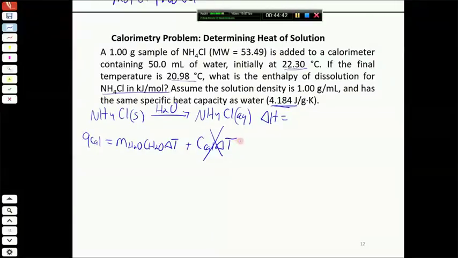Okay? And so in this case, we just need the mass of water in the calorimeter, which is 50 milliliters or 50 grams in terms of its mass, because the density of water is 1. Heat capacity of water, which is 4.184. And then we need delta T. Delta T is just the final minus the initial temperatures for the calorimeter.